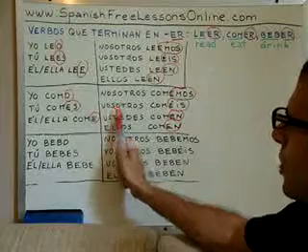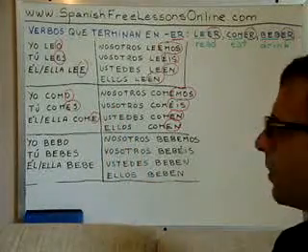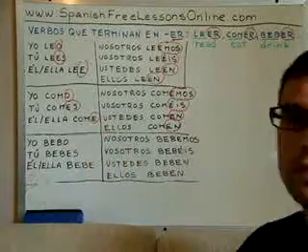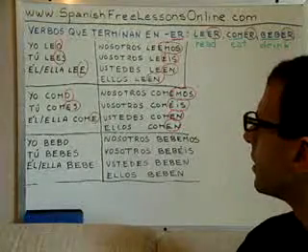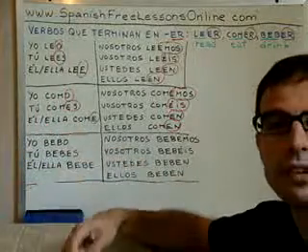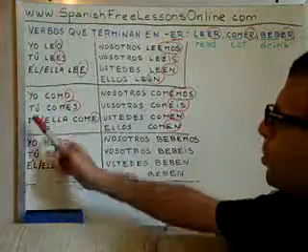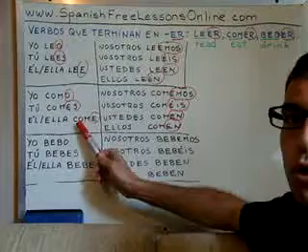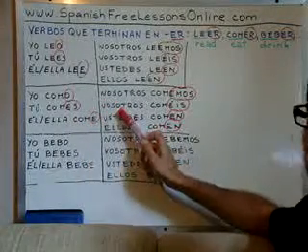And vosotros and ustedes mean the same thing. You plural. Sorry. Ellos means they. So let me read it again, but this time at a normal speed. Yo como, tú comes, él come, or ella come. Nosotros comemos, vosotros coméis.